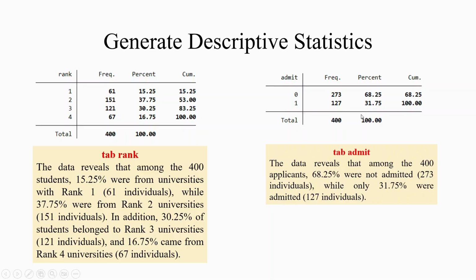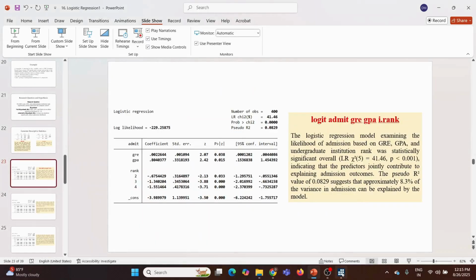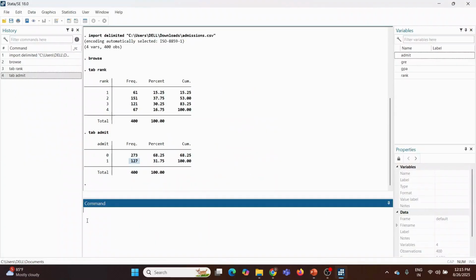Now we have to see what factors influence admission, or rather whether GRE, GPA, and the rank of the institution affect the admission or not. So now we will run the logistic regression. For this we go to STATA and type logit. What is our dependent variable? Admit.